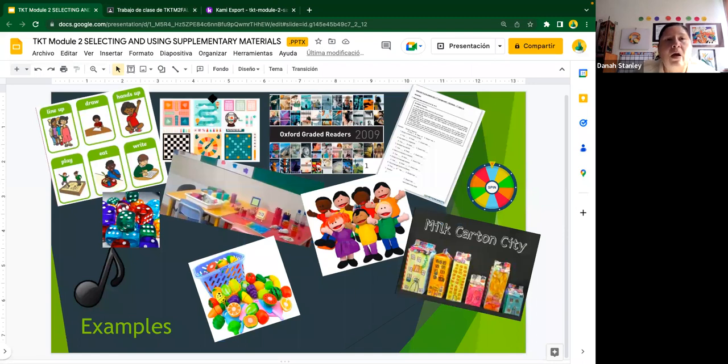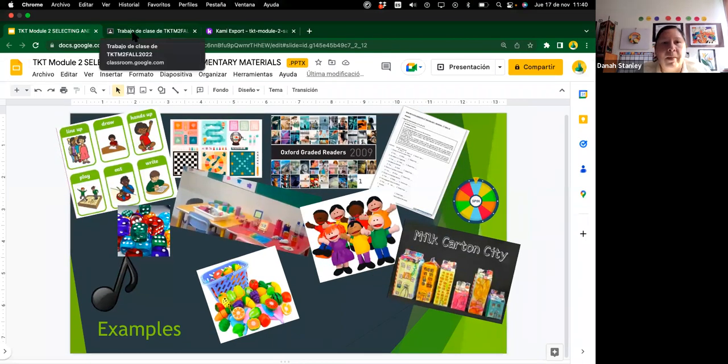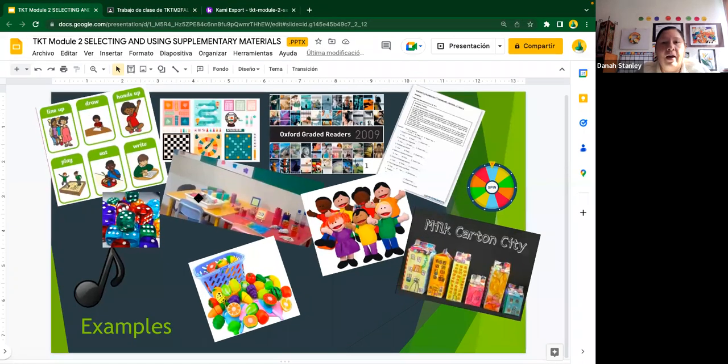Okay. All right. Questions about the materials and the supplementary materials, and how to choose them, how to decide, how to select these materials in your classroom?